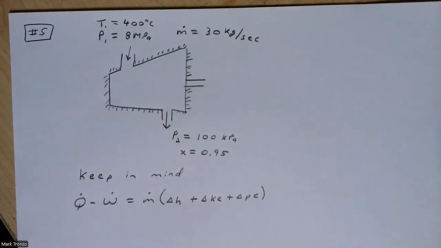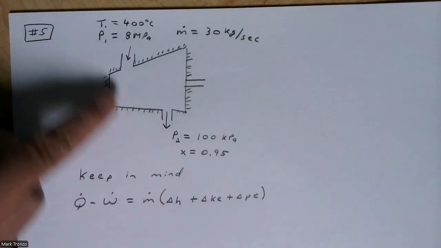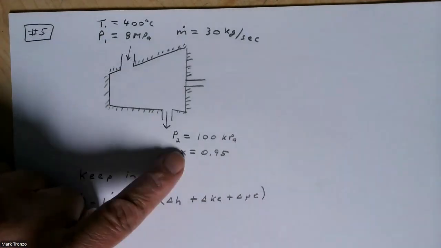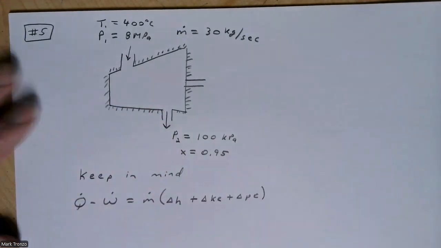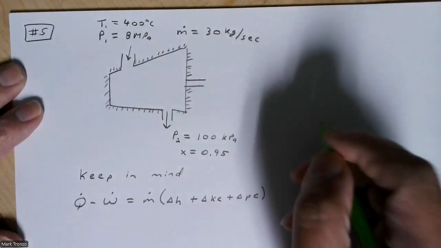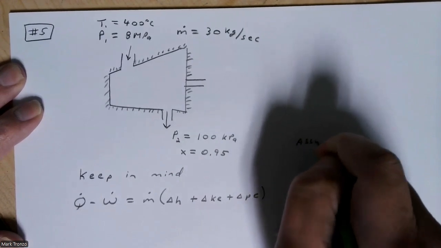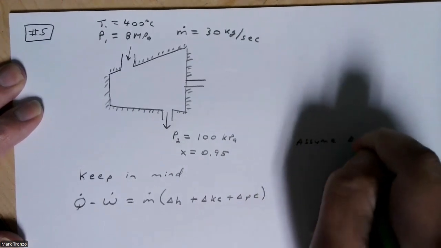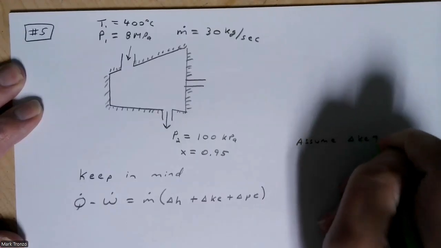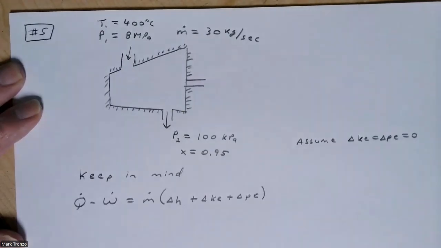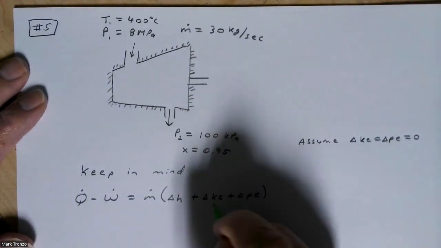And if we're not given enough information to calculate the velocities, we can assume there's negligible change in kinetic energy. So for this case, we can assume the change in kinetic energy, change in potential energy, both zero. So these will go away.